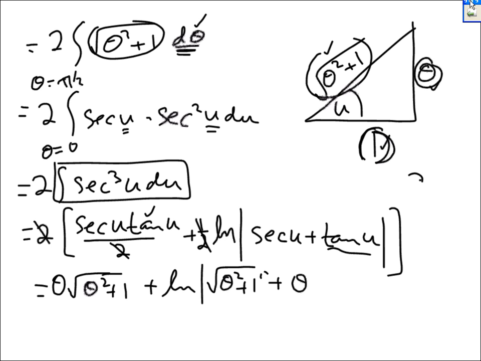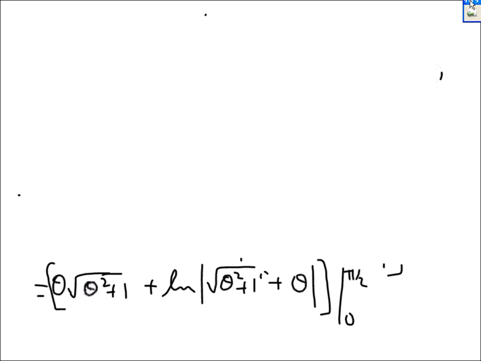And again, we want to evaluate this from 0 to pi over 2. And we're just ready to crank this out. You really shouldn't get it wrong from here.